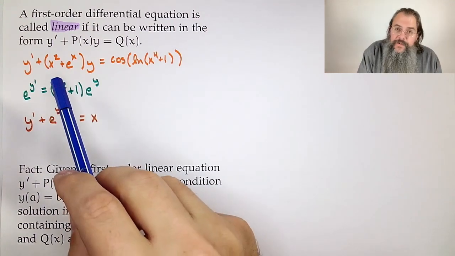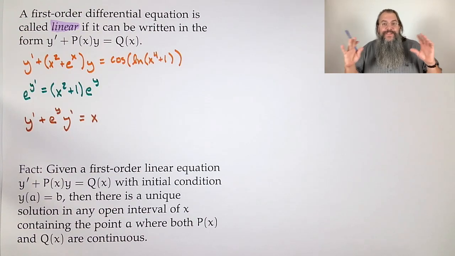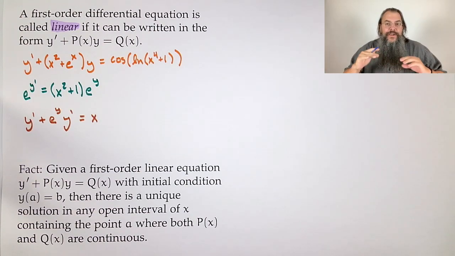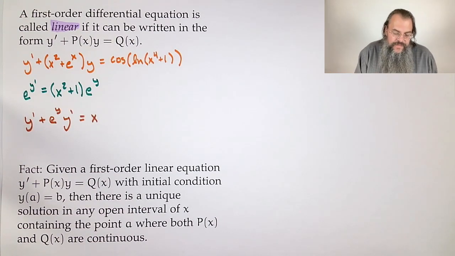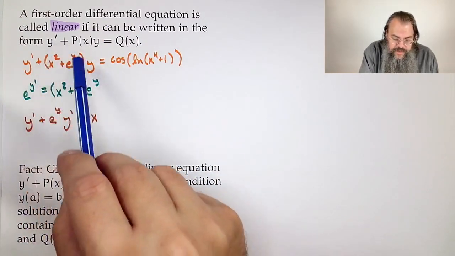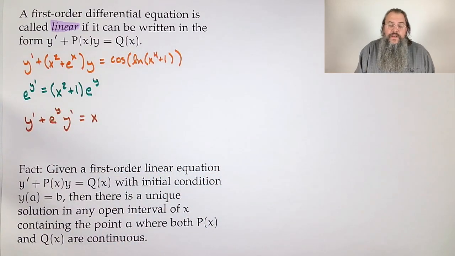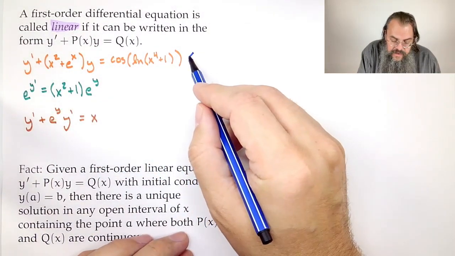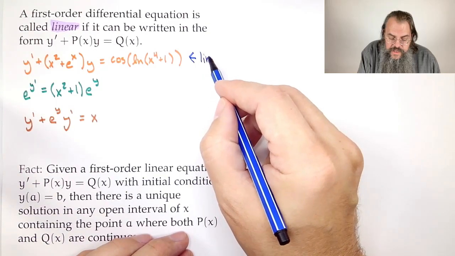And you might say, well, x squared plus e to the x isn't that crazy. I know, but I'm just saying it doesn't have to be 5 or x plus 2 or something. It can be very exotic. And again, same thing with q of x. And we look and say, yeah, look, it's of the right form. You have this p of x term here, this q of x, everything fits.